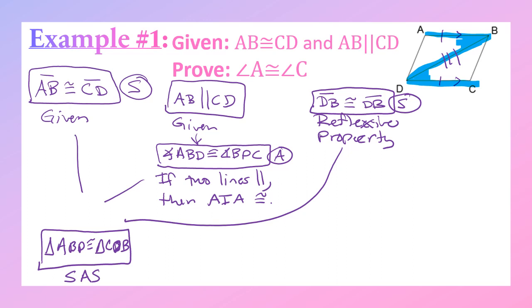Now, if you look at what we're actually trying to prove, we're trying to prove that angle A is congruent to C. Now that I have proven my two triangles are congruent, I know that all their parts are congruent. So now I can write one additional step. Your step can be below, I just ran out of room, so I'm going to write mine next to it. My last step will always, always, always match whatever I have in my original problem.